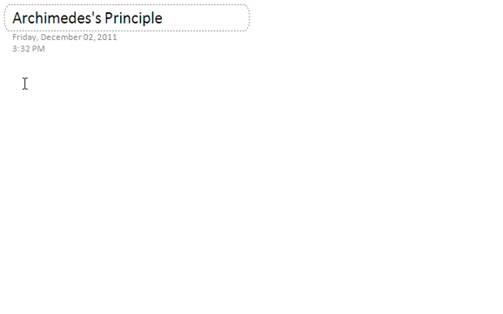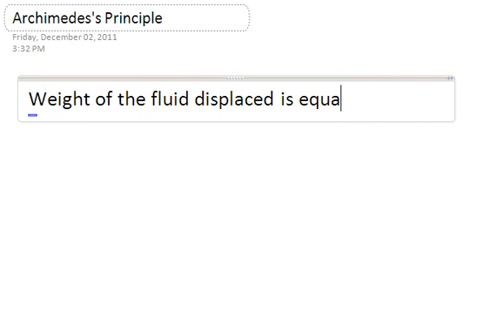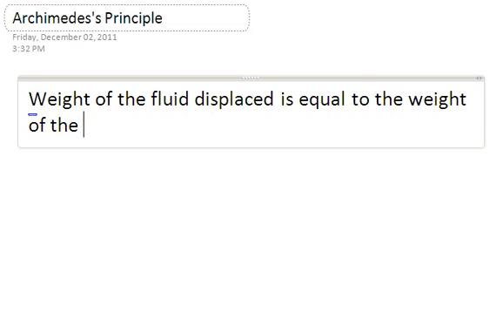So what Archimedes realized was the weight of the fluid displaced is equal to the weight of the object when floating. The weight of the fluid displaced is equal to the weight of the object when floating.